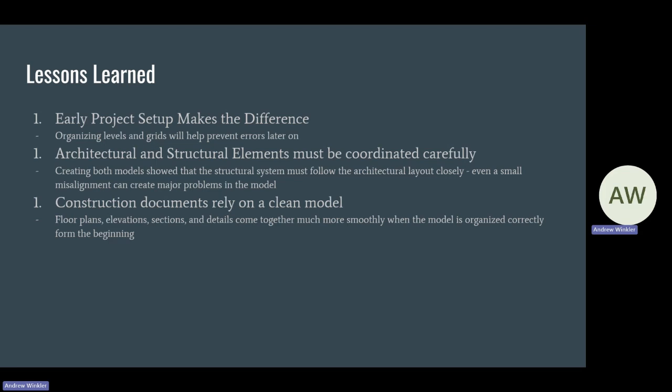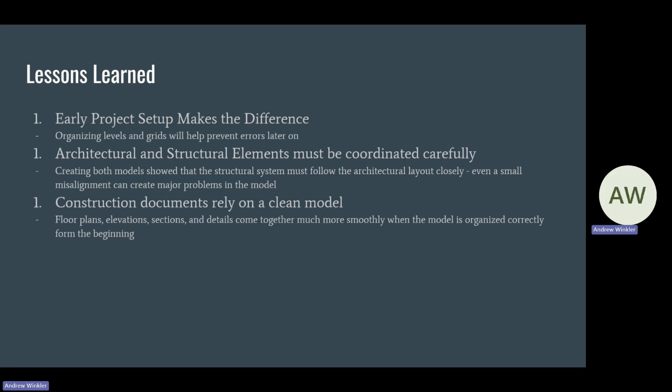Another lesson, I don't know why these are all labeled number one. Apparently, when I converted to Microsoft PowerPoint, it got messed up. So number two is the architectural and structural elements need to be coordinated carefully, because there were plenty of times when I had my architectural model, and when I started doing the structural elements, I had to align them and realign them again and again, because I just kind of rushed it at first.